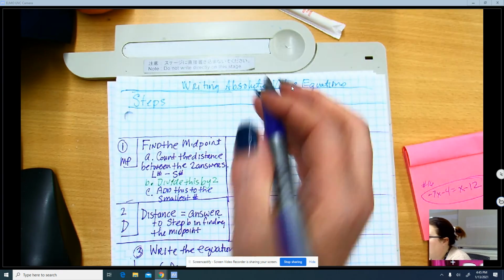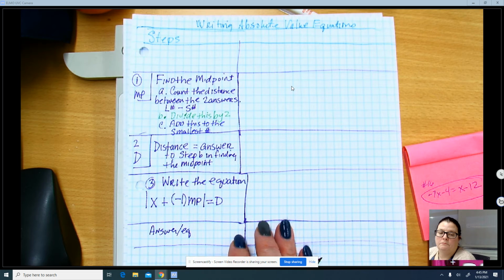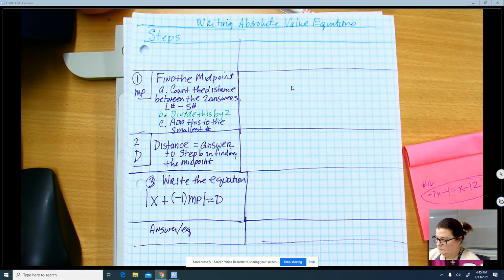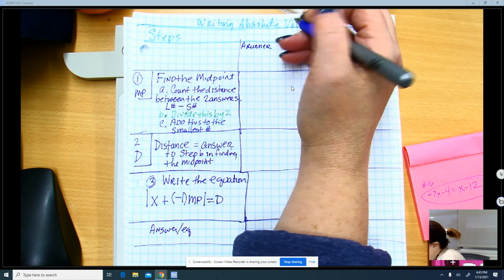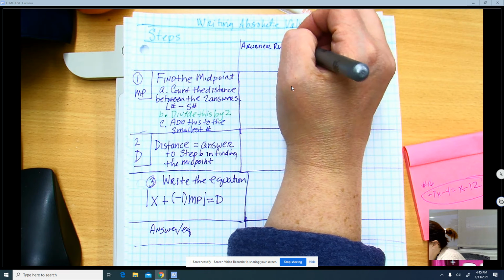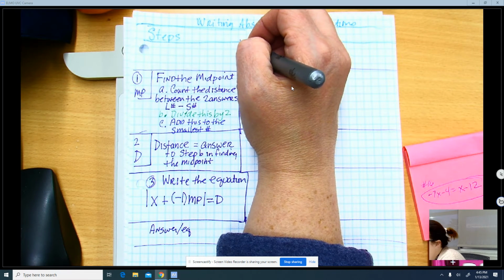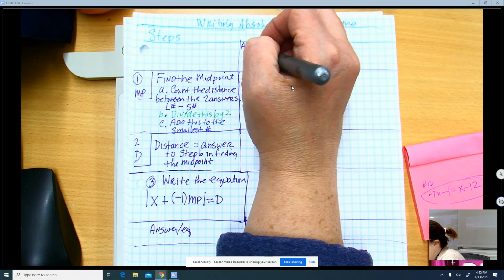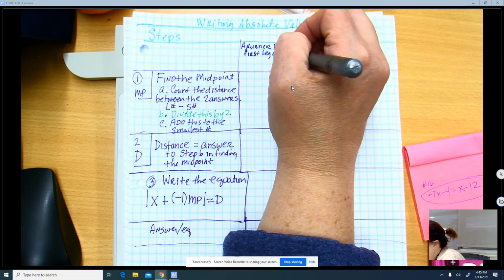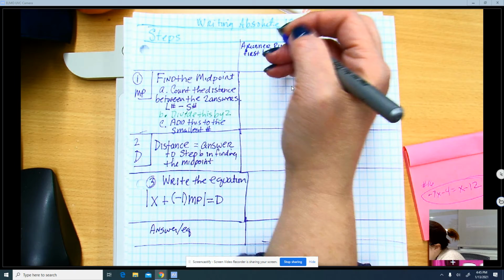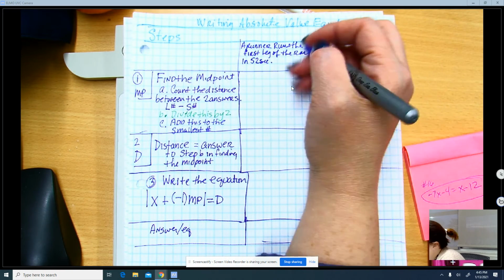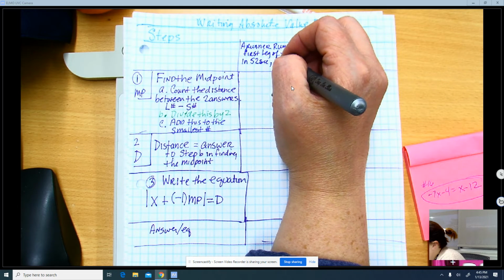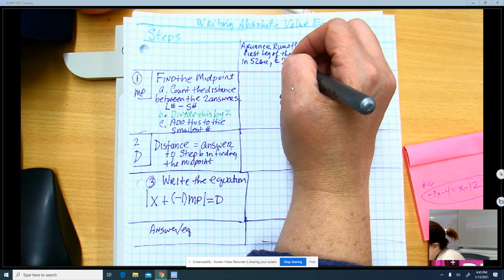So an example to look at. We're told a runner runs the first leg of the race in 52 seconds, plus or minus 2 seconds.